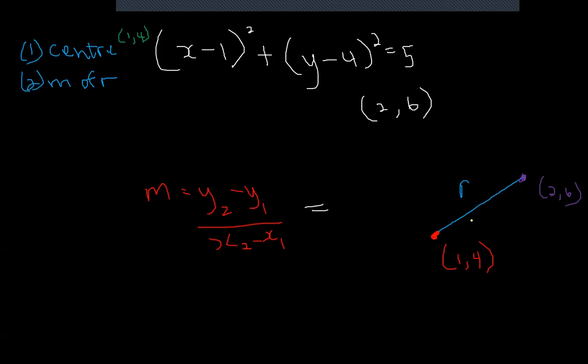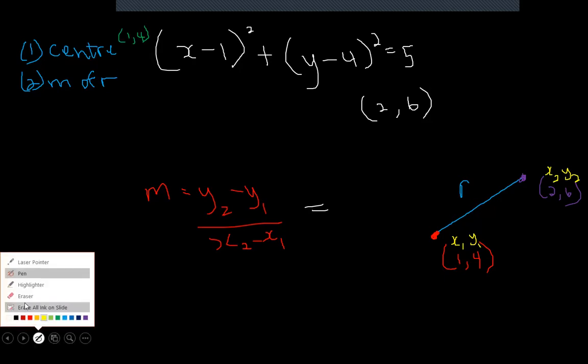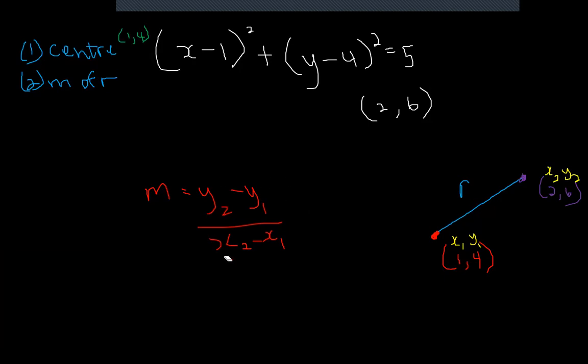I'd identify which one I want as x1, y1, my first coordinate, and which one as x2, y2, my second coordinate, and substitute them into my equation to get the gradient.